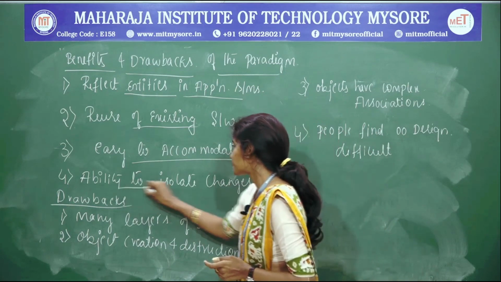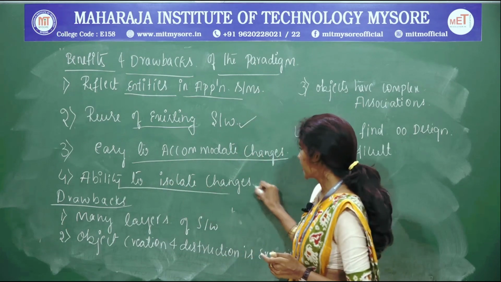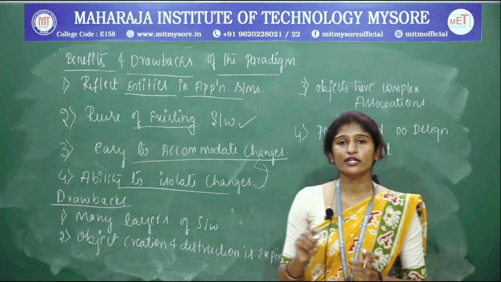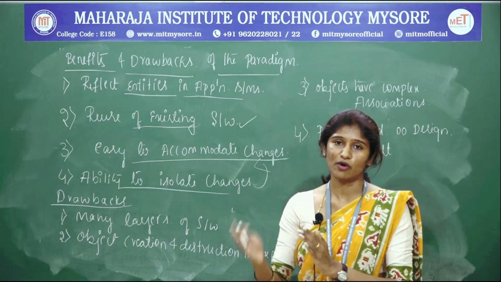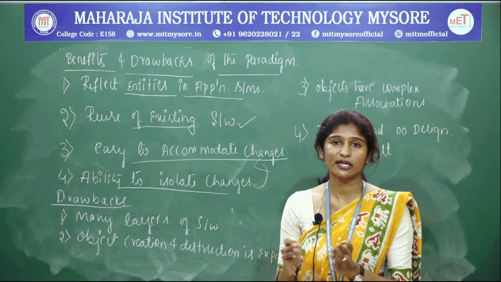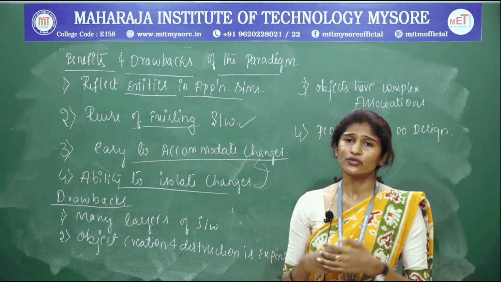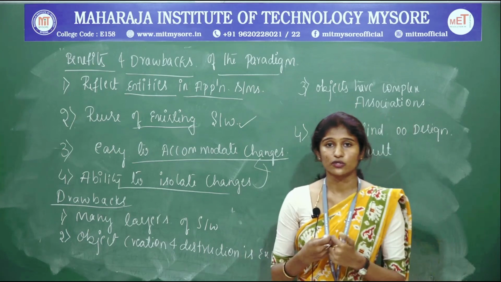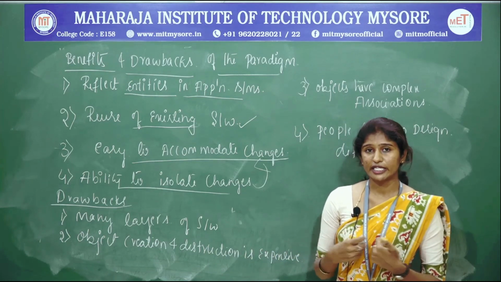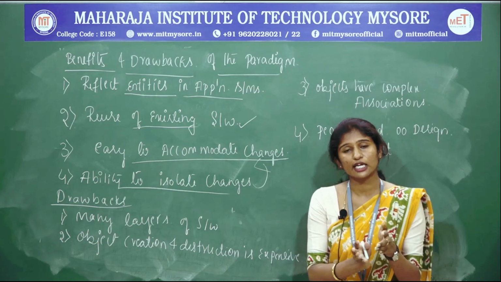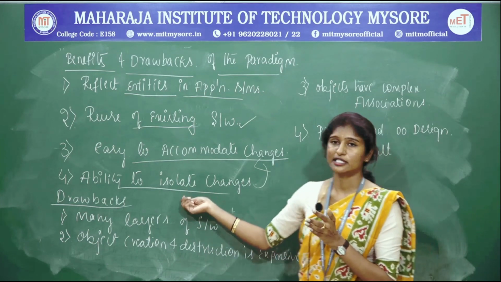And the ability to isolate the changes is connected to this one. Just now I told you, whenever you want, you can change the modules, because each and every module is separate. They are connected through interfaces, or through classes or objects. When you want to make some changes, they are isolated and applied to one single module. That is what isolating the changes means.